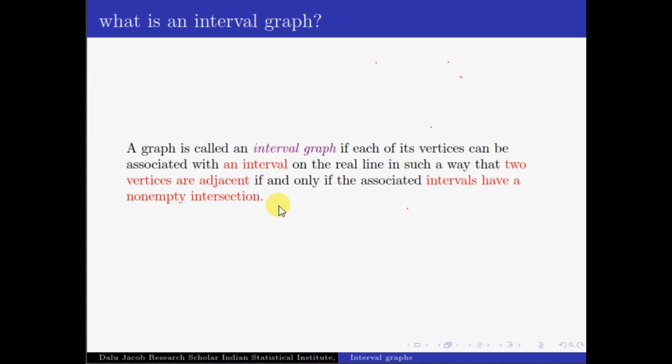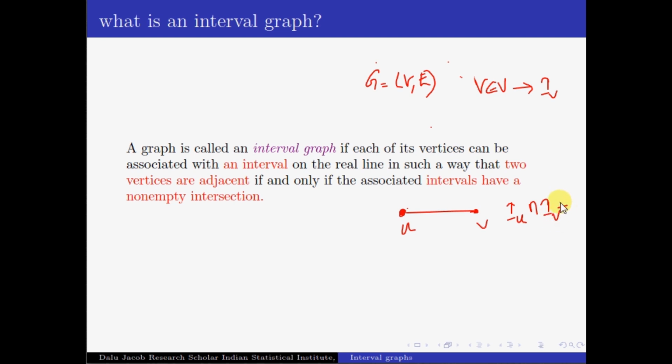A graph G = (V, E) is said to be an interval graph if each of its vertices v in V can be associated with an interval I_v on the real line in such a way that whenever two vertices u and v in G are adjacent, that is joined by an edge in G, then the interval corresponding to u and the interval corresponding to v, say I_v, should have a non-empty intersection.